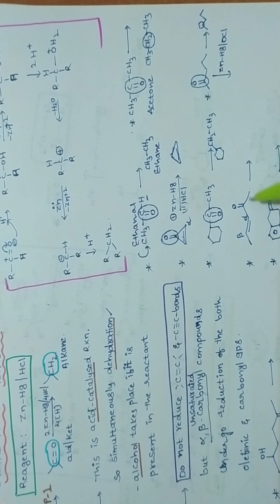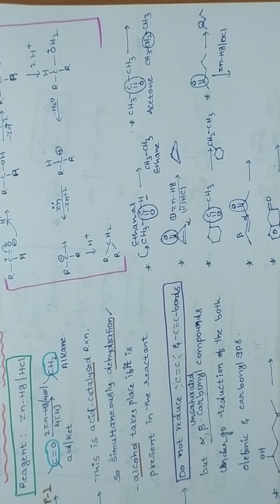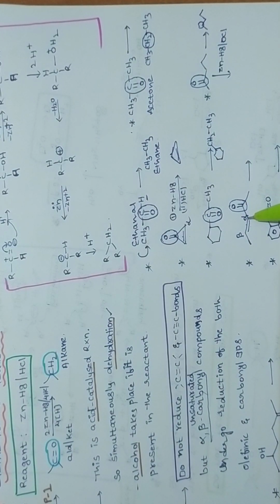Now this compound is called an alpha beta unsaturated carbonyl compound. A CO group is there, so they are called carbonyl compounds. The attached carbon is the alpha carbon. Here beta is there: alpha position, beta position, double bond is there.